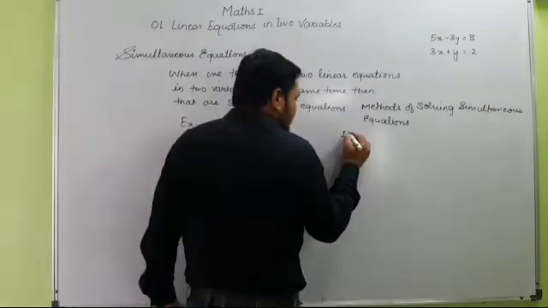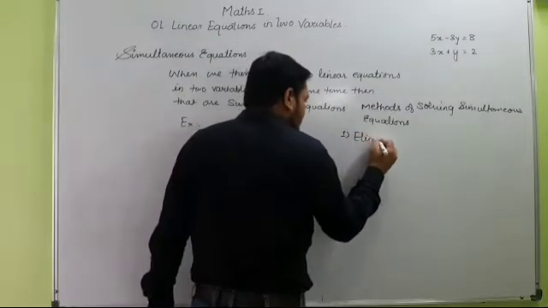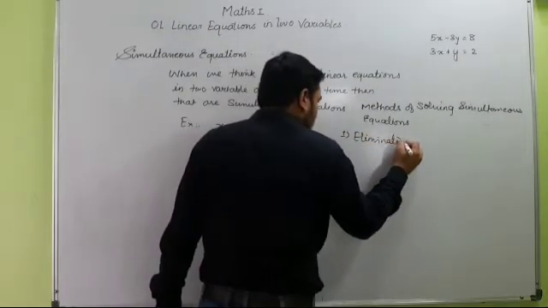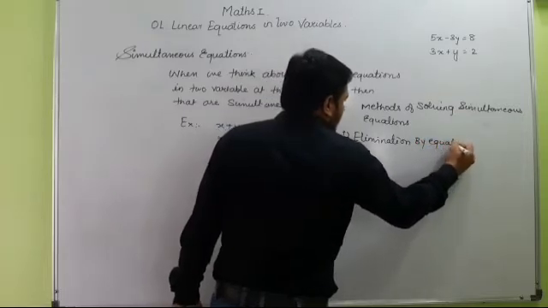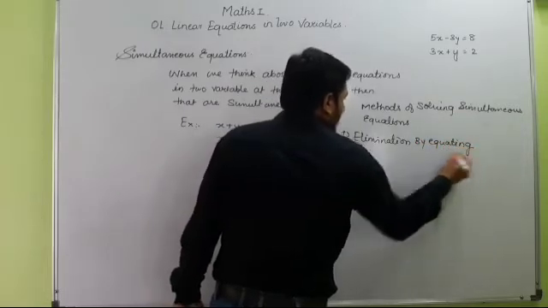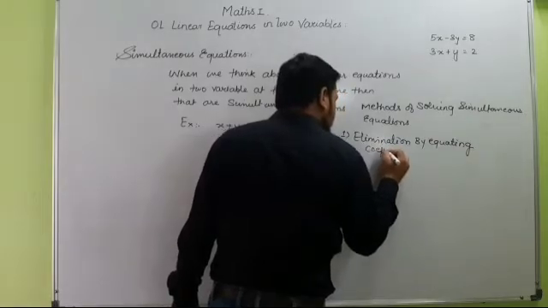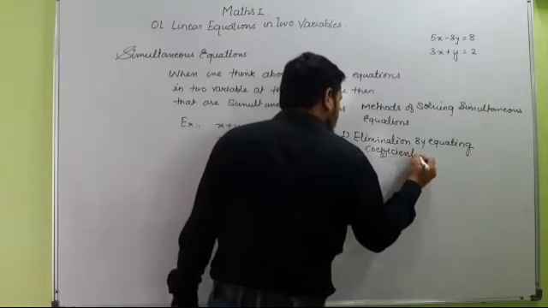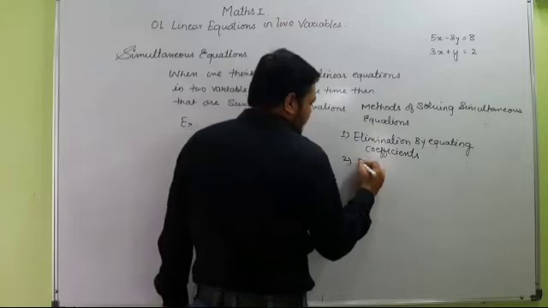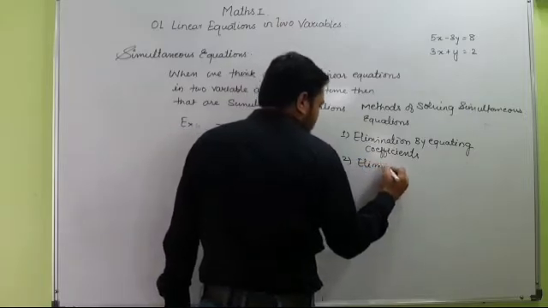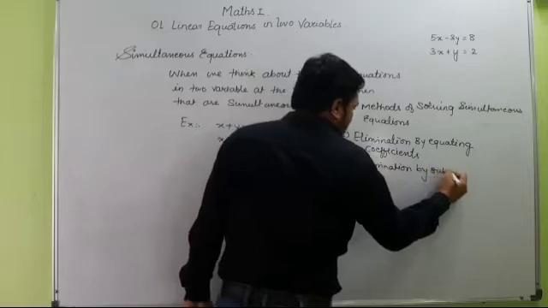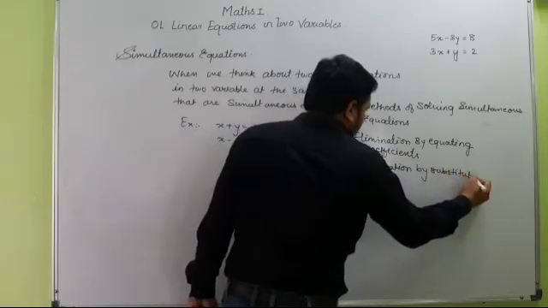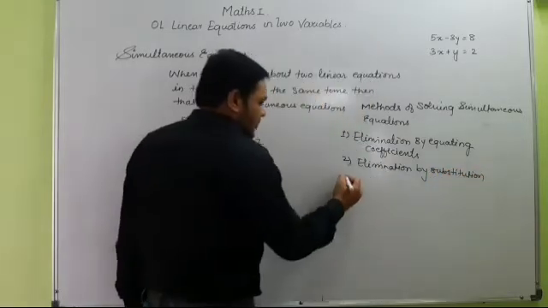So the first method is elimination by equating coefficient. Second method is elimination by substitution.